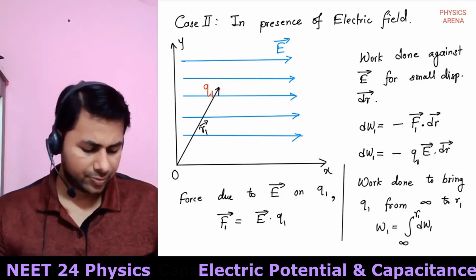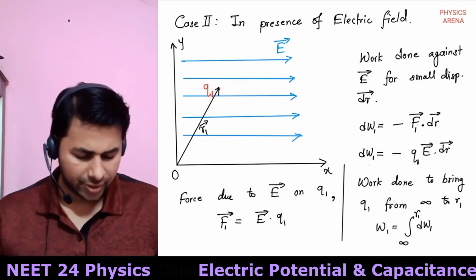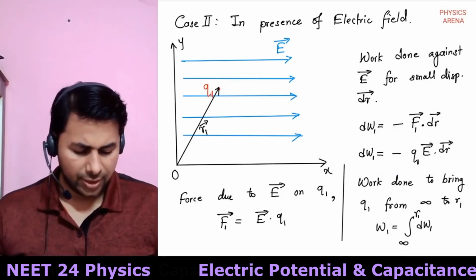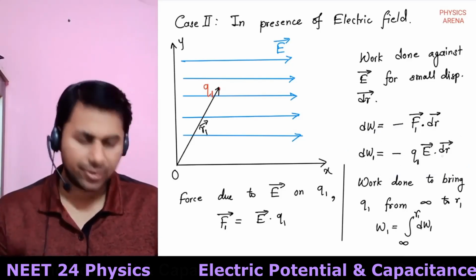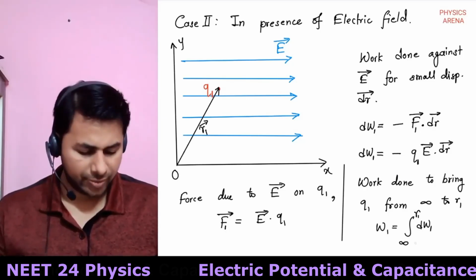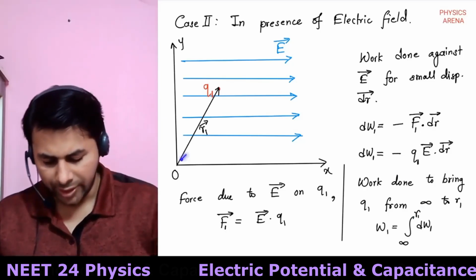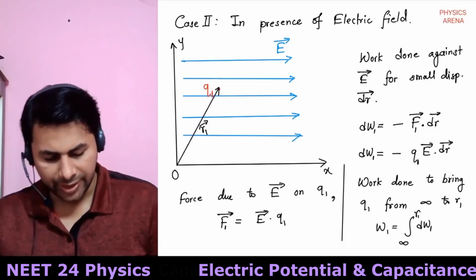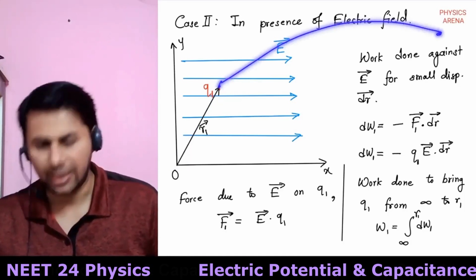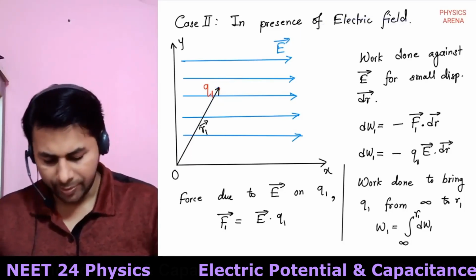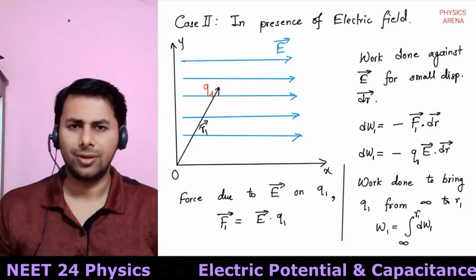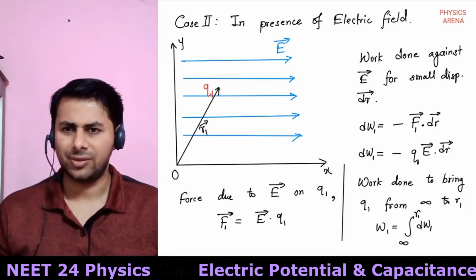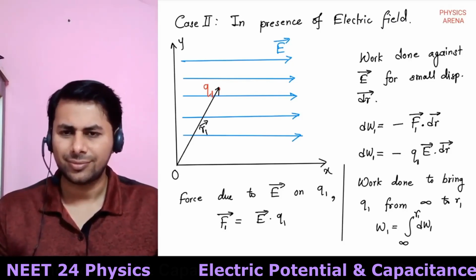It will be equal to the integral of minus q1 E bar dot dr bar from infinity to R1, because you are bringing it from infinity and keeping it at position vector R1 bar with respect to the origin. This thing is clear.